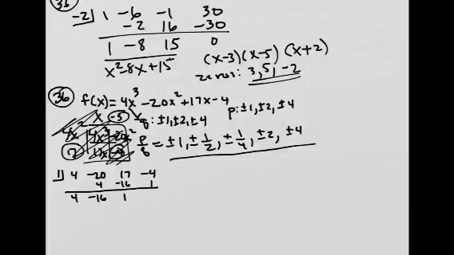Okay, I'll try the 2. I'll do the fractions, but since I have a few integers, I'll try those first. So see if I get any that work. So bring down the 4, 8, negative 12, negative 24. It's not going to work. Okay, let me try the 4.